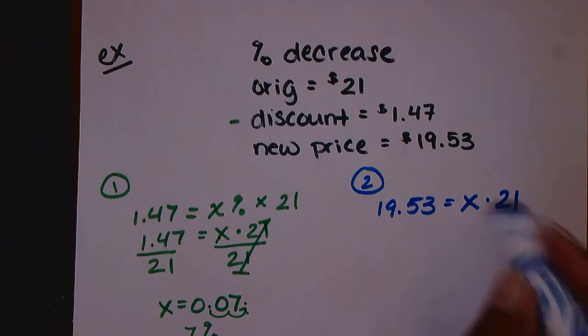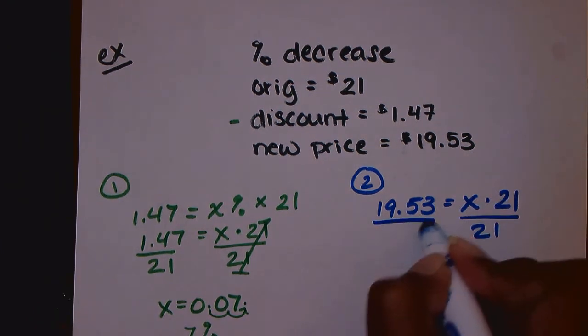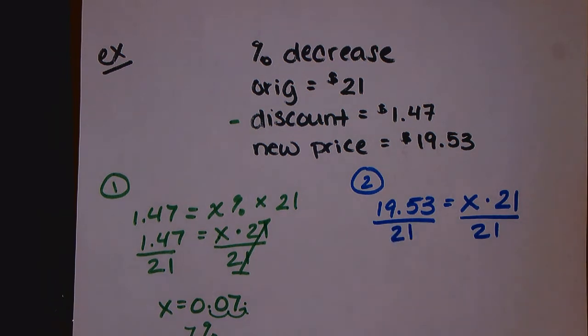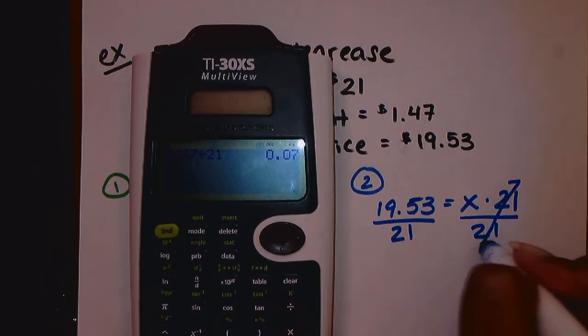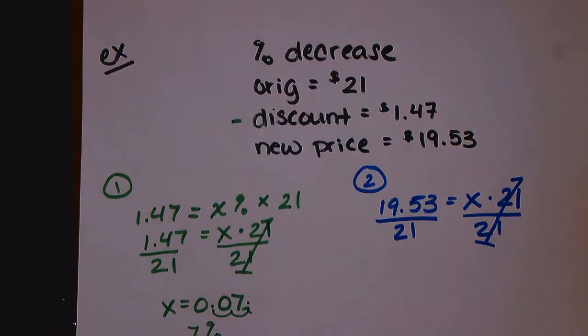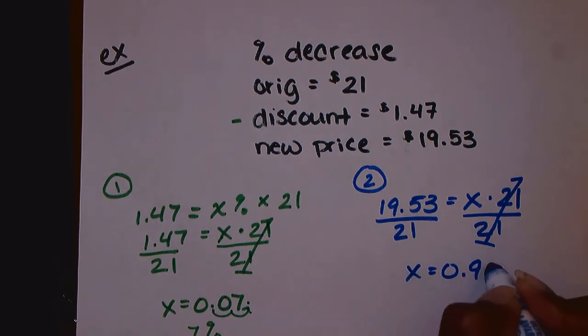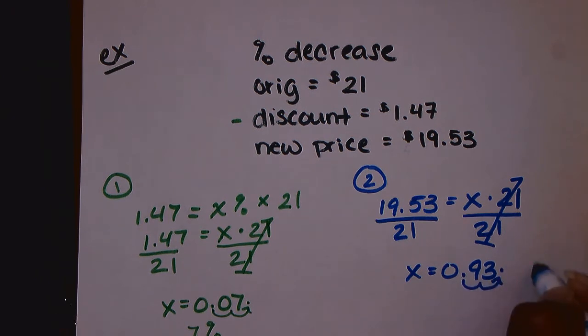Again, in order to solve, we divide both sides by 21 to create our 1 pair. Then we'll do 19.53 divided by 21, and we'll get 0.93. So here X is equal to 0.93, which is 93%.